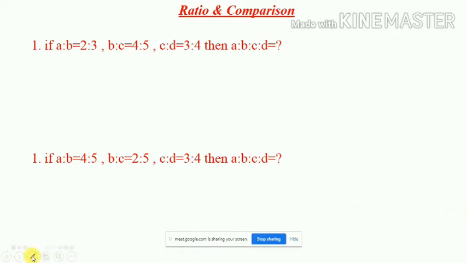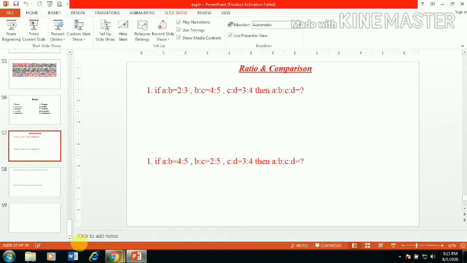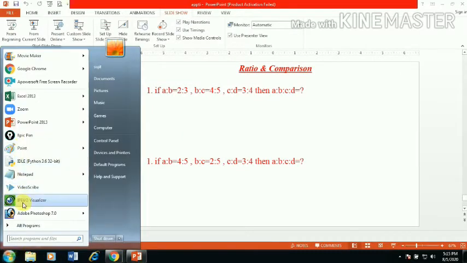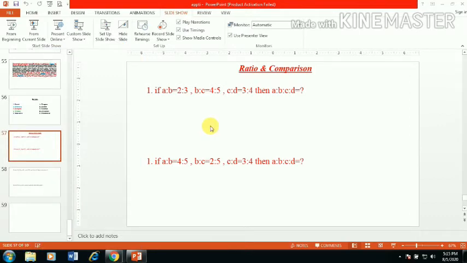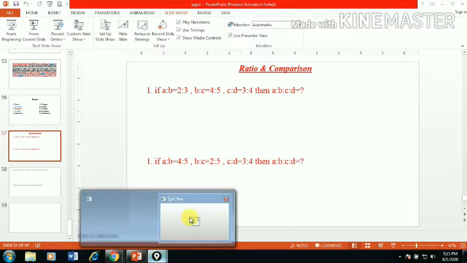Okay, now see, this is fine. Now the shortcut method of this problem is, without writing anything, just in your brain you can calculate it very easily.